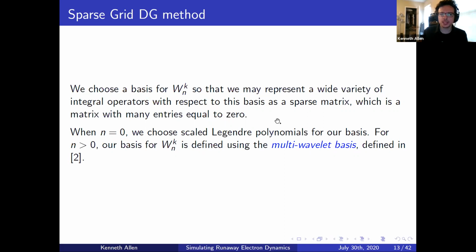So we can choose a basis for this multi-wavelet space. We choose a specific basis so that we can represent these integral operators as sparse matrices. The particular basis that we choose is the so-called multi-wavelet basis, defined in this reference, but I'm not going to talk specifically about the construction of this basis.